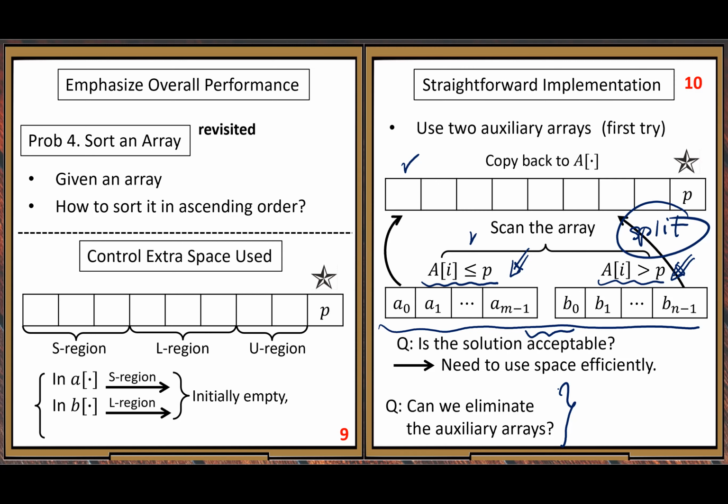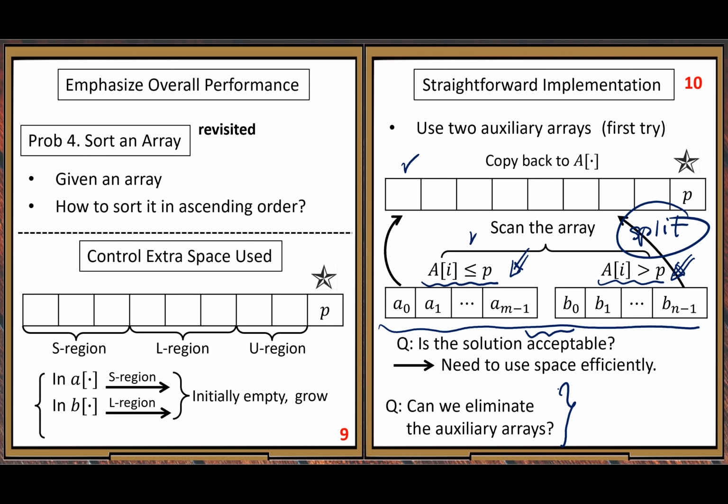Initially, they are empty. When we start, these two subarrays, or these two regions, are empty, and the U region is full. All the elements except the pivot element are in the U region.